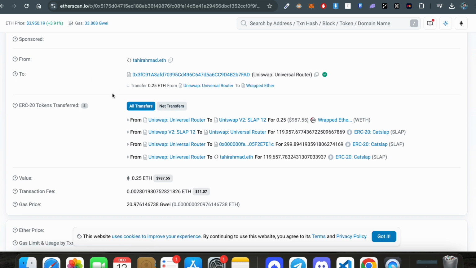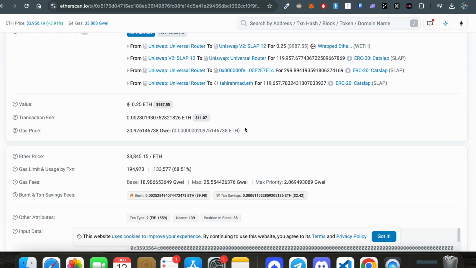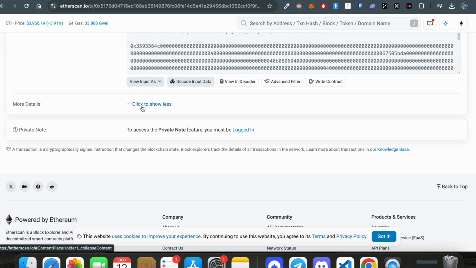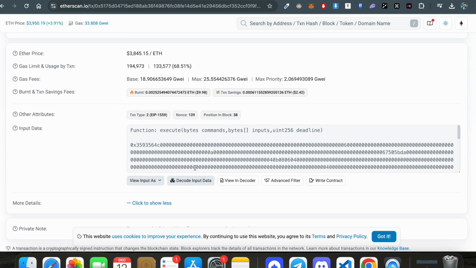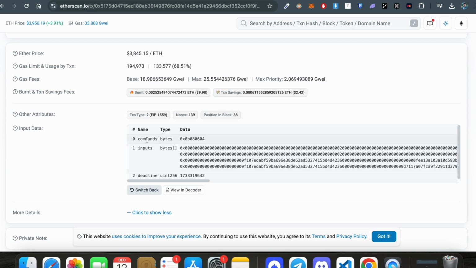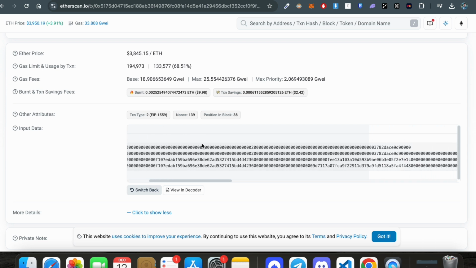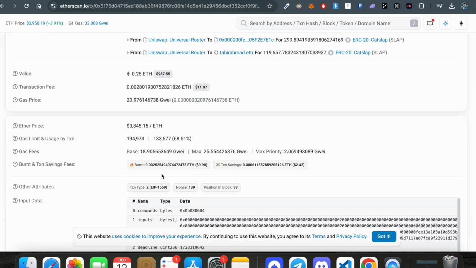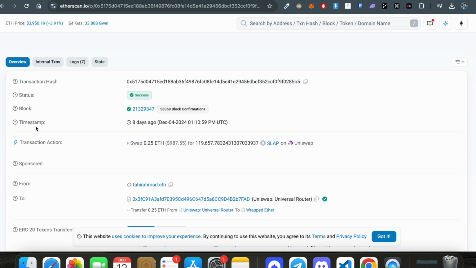So these are two things, and this is the summary of the whole transaction. And then the gas calculation, the price calculation, and everything here. And if you see, this is the data which is related to actually contract. You can decode these inputs, but I think this is more about the programming. I don't think that you should care of these data, but this is the overall summary.